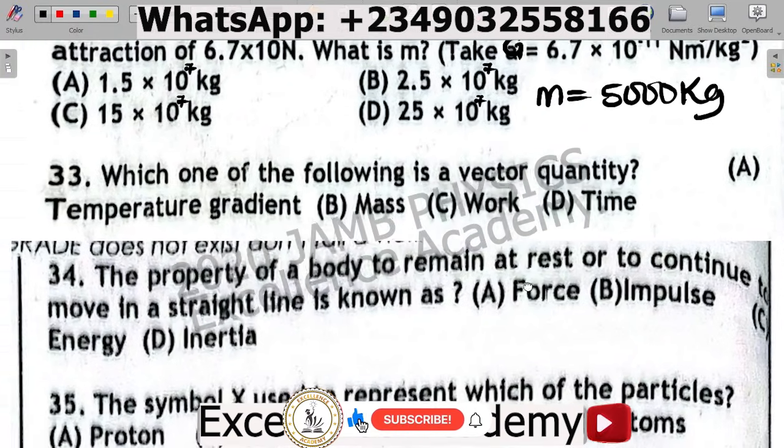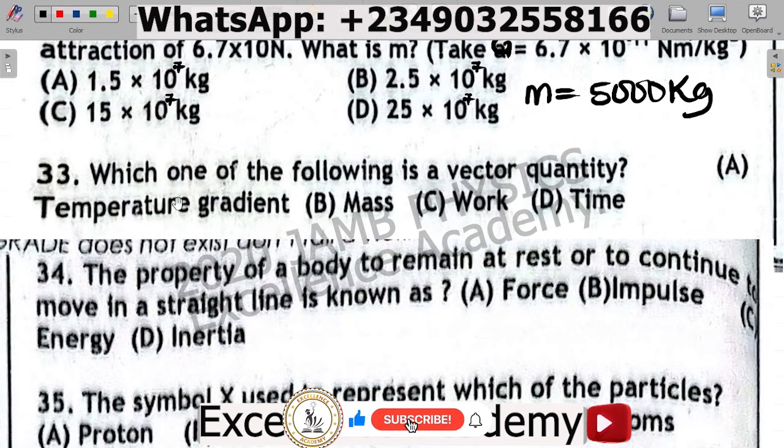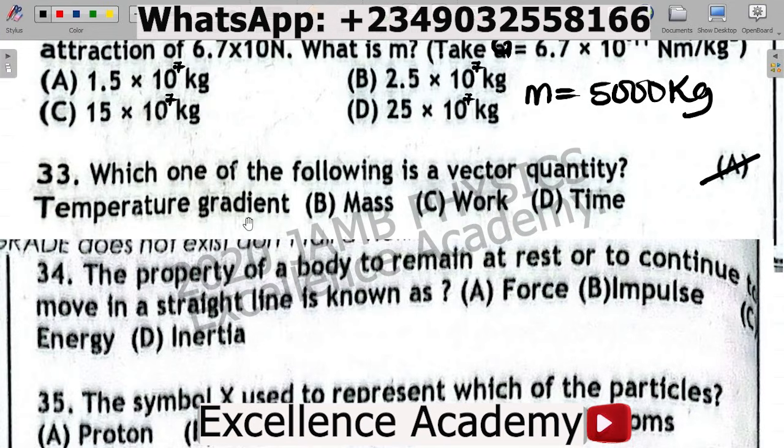Moving on, question number 33. 33 says, which one of the following is a vector quantity? A, temperature gradient. B, mass. C, work. D, time. For this question here, the correct answer is A, temperature gradient. You want to take note that temperature gradient is a vector quantity, which means it has both magnitude and direction.